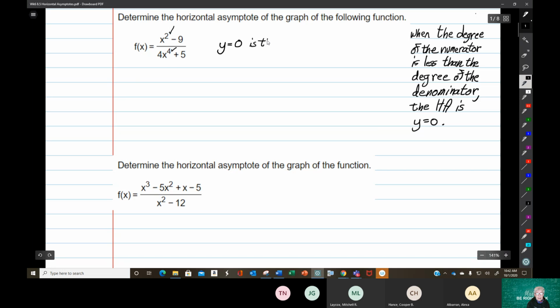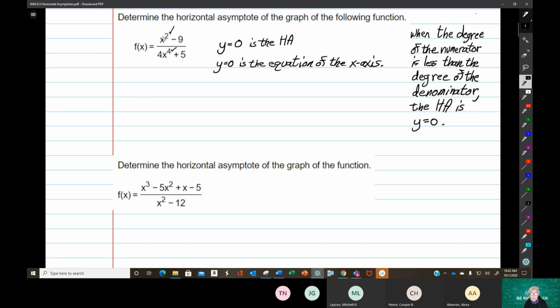You have to know where that is, though. Y equals 0 is the equation of the x-axis. That's all there is to that. Is that great?